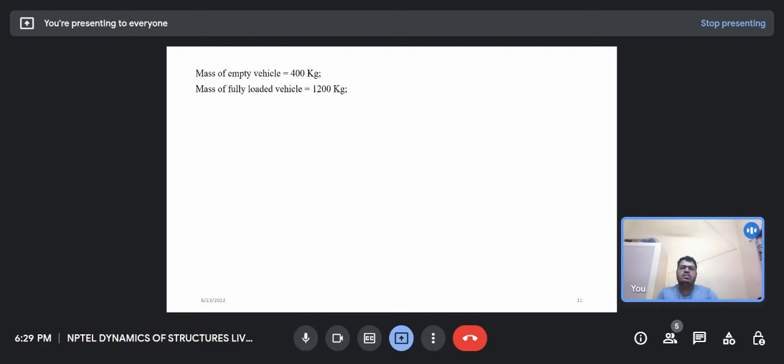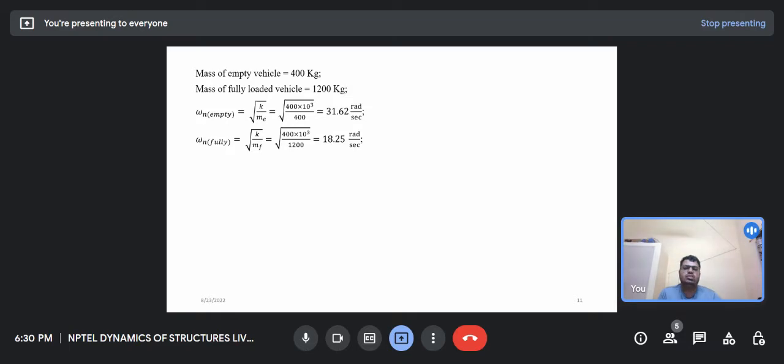So you can find the natural frequency omega n for the empty vehicle, square root of k by me, and for the fully loaded vehicle, square root of k by mf, which are 31.62 and 18.25.